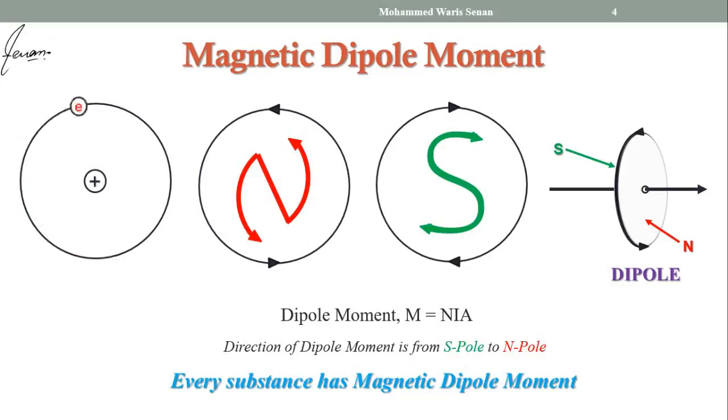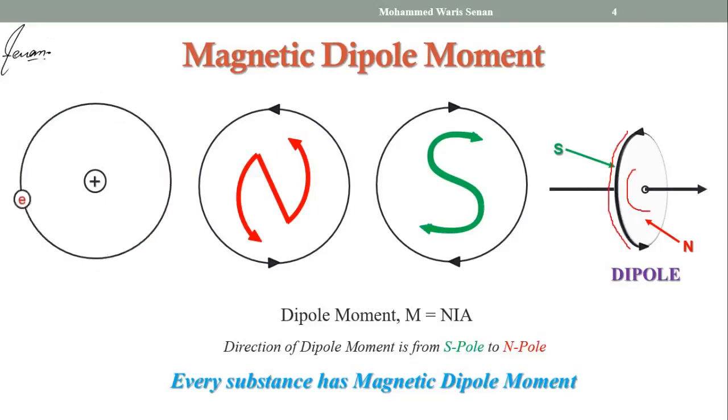So later on we will see that in ferromagnetic materials this spin dipole moment is dominating. That is why our ferromagnetic material gets strongly magnetized when they are kept inside the magnetic field. Later on we will discuss this whole concept, how a magnetic material gets magnetized.